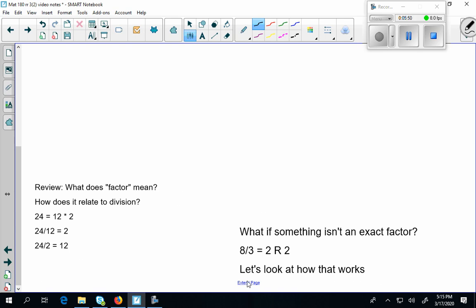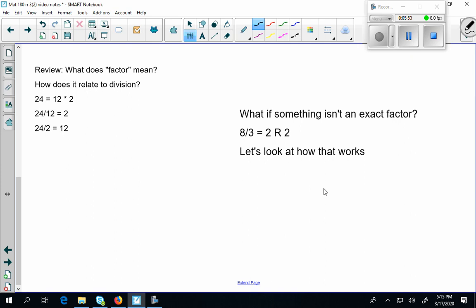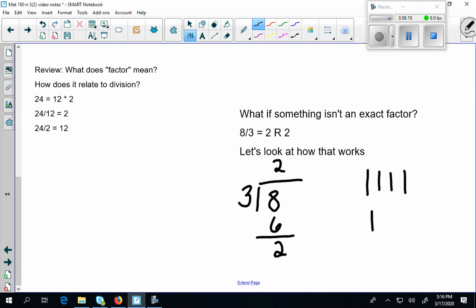But what if something is not an exact factor? What if we had 8 divided by 3? I know that 3 goes into 8 twice. If I'm doing long division, I multiply, then subtract, and I get 2, and that's my remainder. If I have 8 things and divide by 3, that means how many groups of 3 can I pull out of that 8?